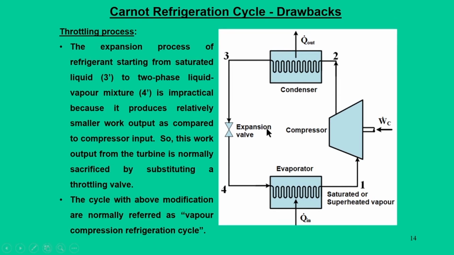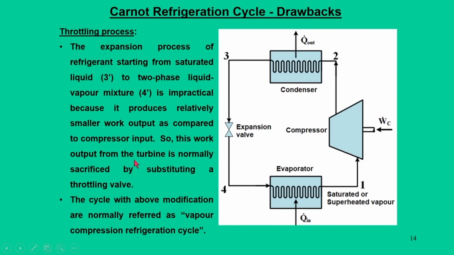And the third thing is the throttling process. As I mentioned, there is no requirement of a turbine. The turbine is replaced with an expansion valve, and this particular valve we call a throttle valve, and the thermodynamic process for this throttle valve we call a throttling process. So, the expansion of the refrigerant from saturated liquid at 3 dash to the liquid vapor mixture at 4 dash is impractical, because it produces a relatively small work output as compared to the compressor input.